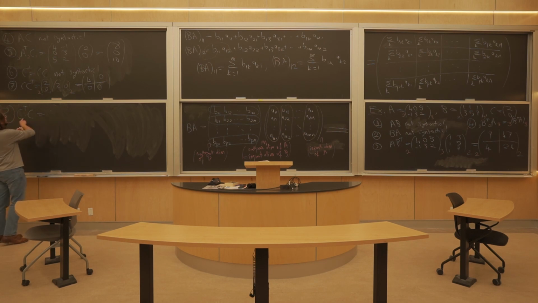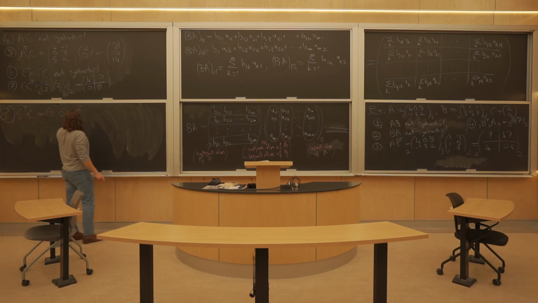Okay, so C transpose is 2, 0, written in a row. This is not a tuple, okay? This is what you might call a row vector. I'm not using a comma here. It's a matrix.